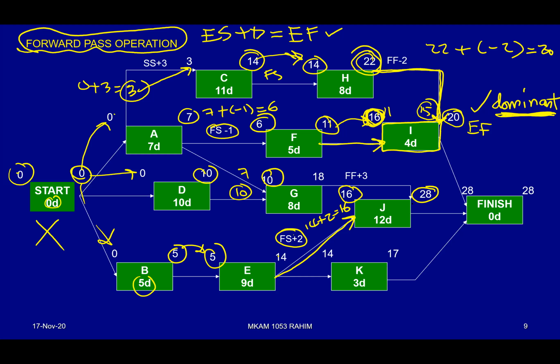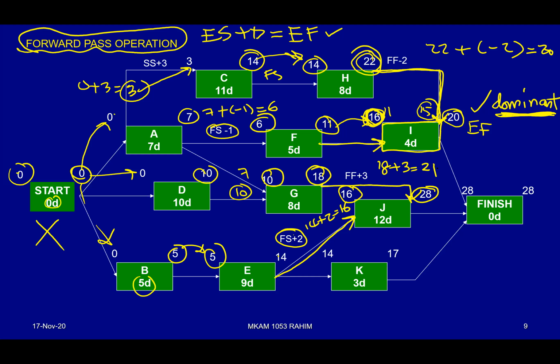What if J is coming from G, the predecessor? What could be the date to complete certain J activity? Well, because it is finish to finish, now the value that we need to evaluate is this value, 18. So 18 plus 3 equivalent to 21.